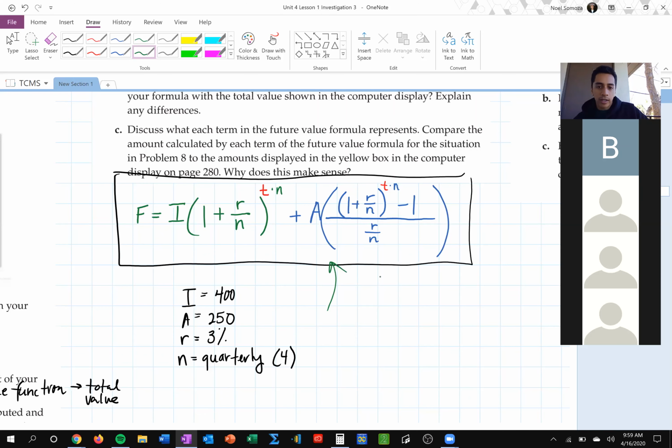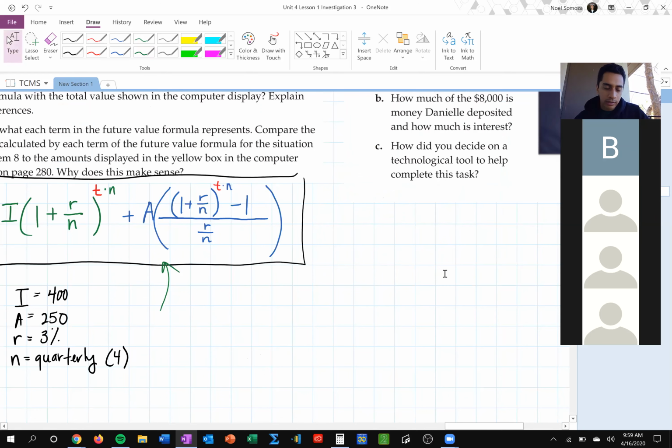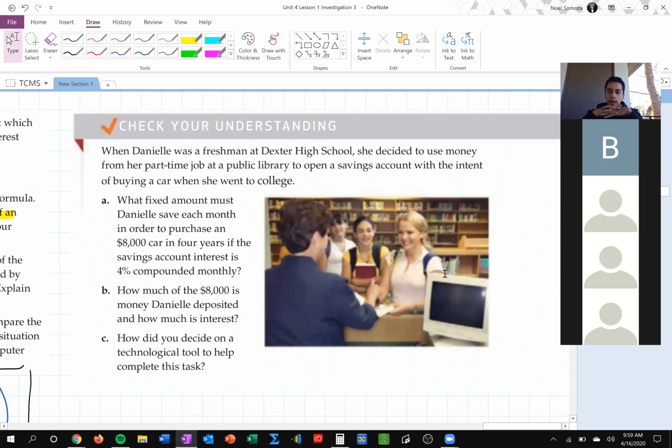The only thing I'm gonna ask you guys to work on is go ahead and just try the CYU on your own, so that we can check in on Tuesday and we'll go over it together just to see how we're doing. It was a really long lesson, right? It took like 4 or 5 different parts over the course of like 2 weeks. So I just want to make sure that you're still able to do some of this on your own, okay? So just try your best, work it out whenever you get a chance. The CYU is on page 282.